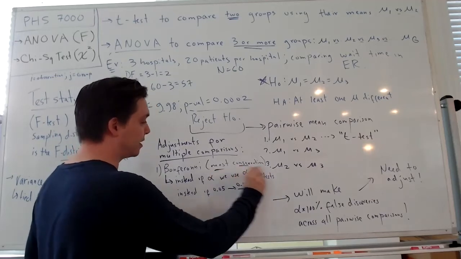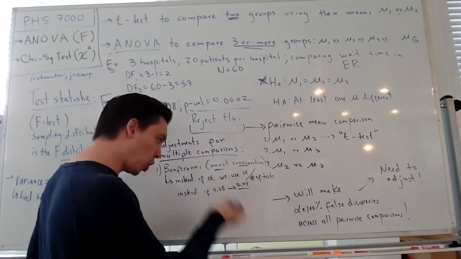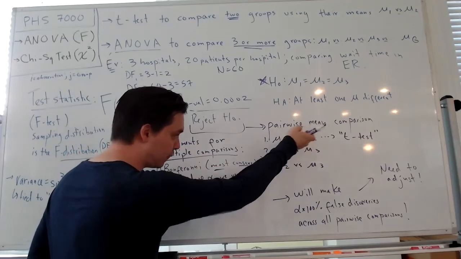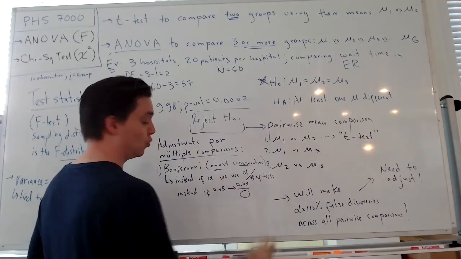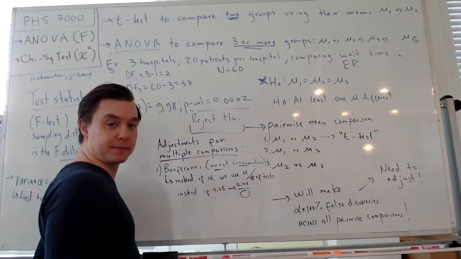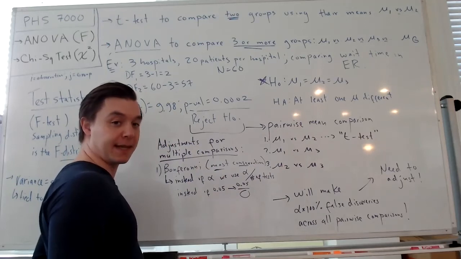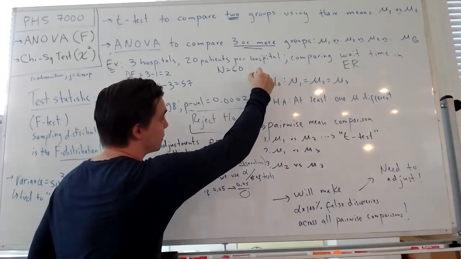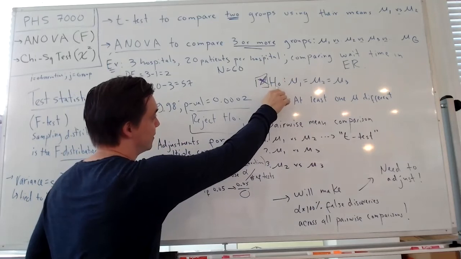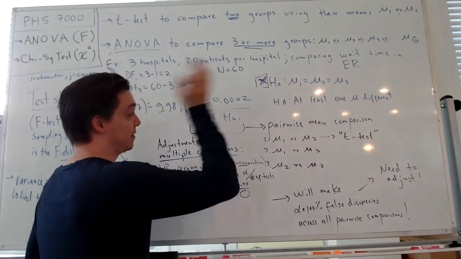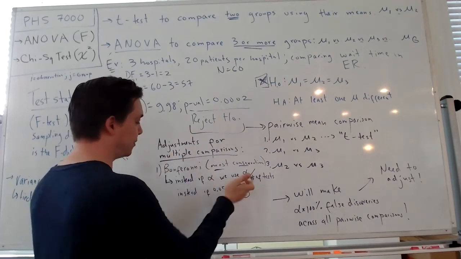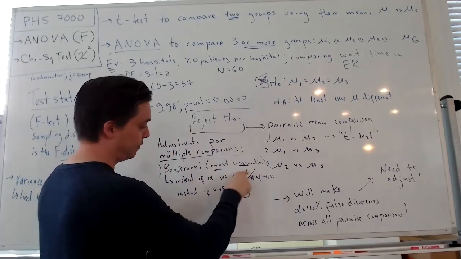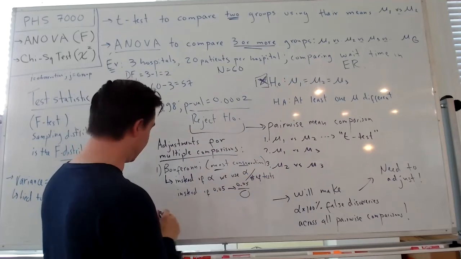That is why it's considered the most conservative. It is really hard to reject each individual comparison using this new alpha. And again, we only worry about it after this omnibus null hypothesis, this global null, is rejected. So Bonferroni adjusts the alpha by dividing it by the total number of tests.